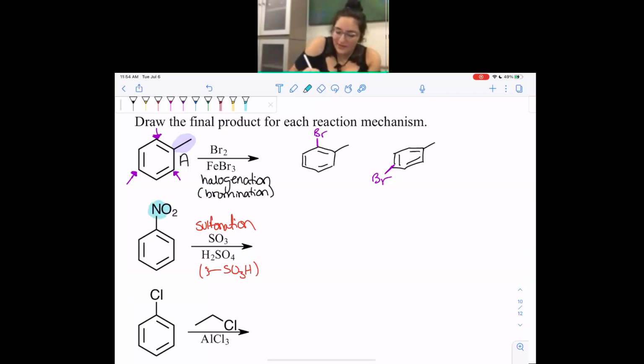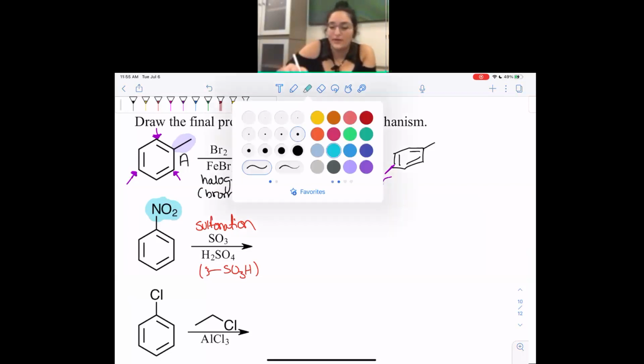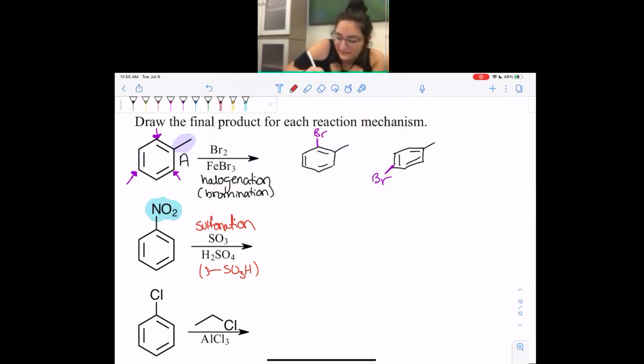All right, and NO2, is this a weak deactivator, strong deactivator, or is it an activator? Strong deactivator, I agree. Okay, so a strong deactivator is going to direct where?